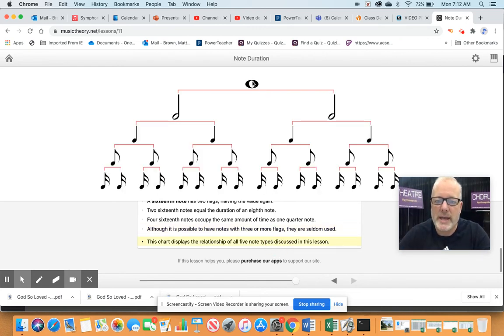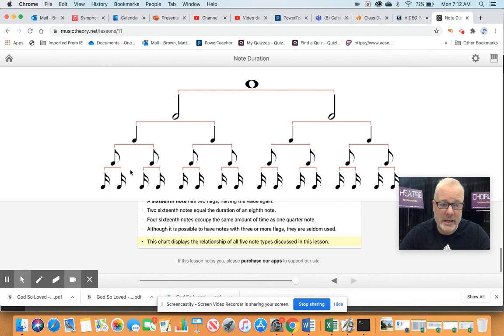All right. So here we have the grand poobah up here, the whole note, right? And then we discussed that it takes 2 half notes to equal a whole note. It takes 2 quarter notes to equal a half note, 4 quarter notes to equal a whole note. It takes 2 eighth notes to equal a quarter note, 4 eighth notes to equal a half note, 8 eighth notes to equal a whole note.